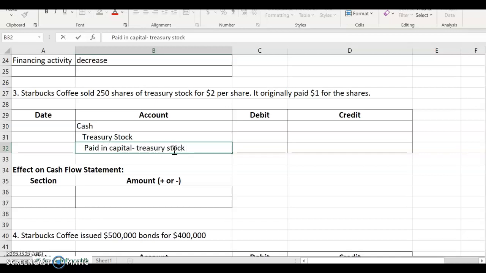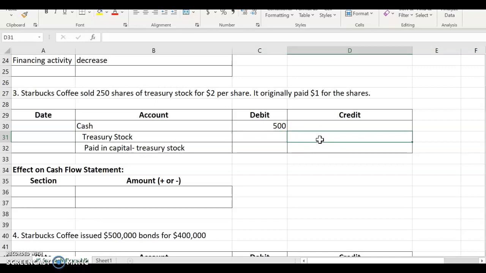Remember, with treasury stock, par value never matters. All you're doing is comparing what you paid for that treasury stock to what you're reselling it for. So we sold 250 shares times 2, so we got $500.